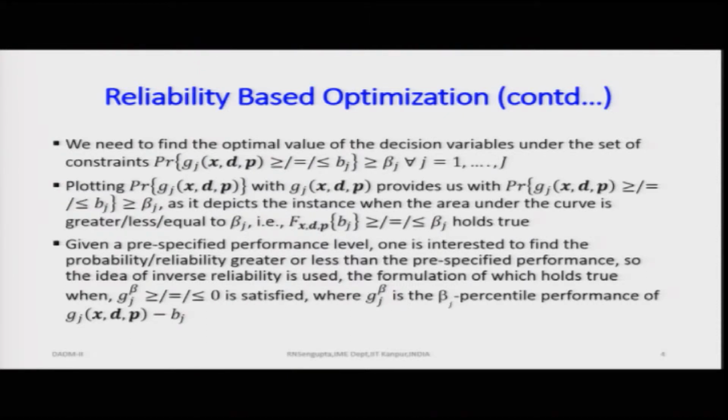Decision variables, if you remember, are the x's under the set of constraints that the probability of each and every constraint being greater than, equal to or less than bj is considered, because we have considered j number of such constraints where the probabilistic concept is being considered, and this probability would be greater than or equal to beta j. Beta j, as I have already mentioned, or alpha in case you have written it, is the level of confidence, which we all know from DADM 1 or you must have studied in basic statistics.